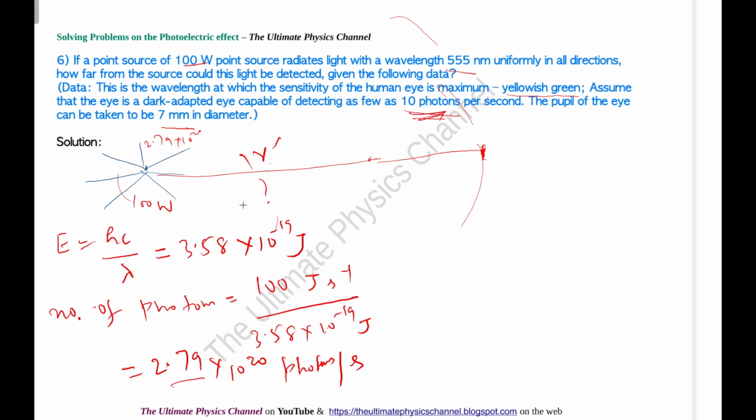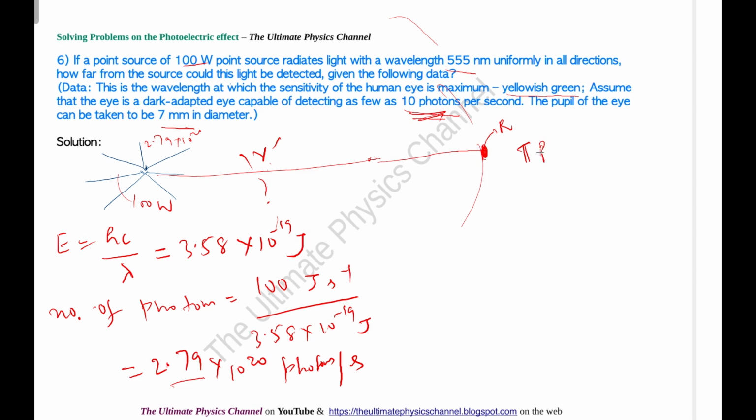So the diameter of the pupil is given as 7 mm. The area of the pupil, you can calculate that also, because that is also a small circular area that is detecting these photons. That would be pi R square for the pupil. R can be taken as 3.5 mm. So let's call that capital R, the radius of the pupil.